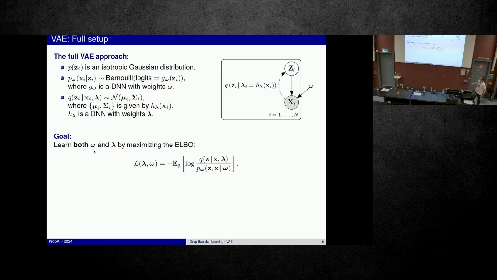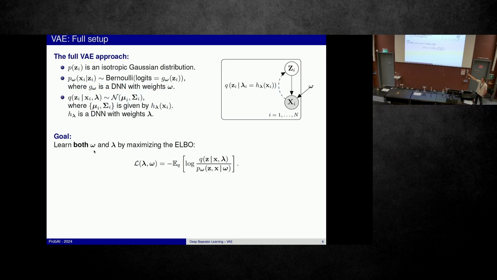So now we have the full story: a model where we again assume a prior distribution over our latent variables. We assume that the decoder network provides logits for our Bernoulli random variables, the observations down here that live in our data space.